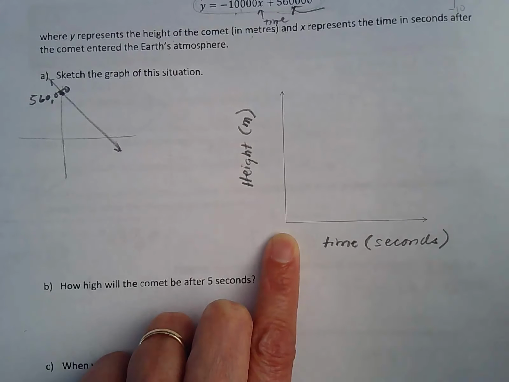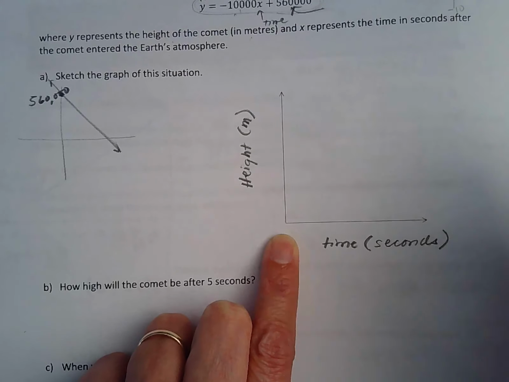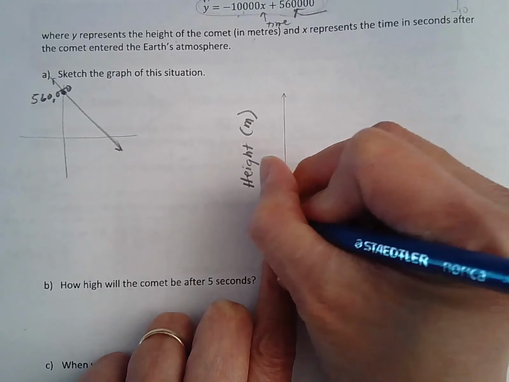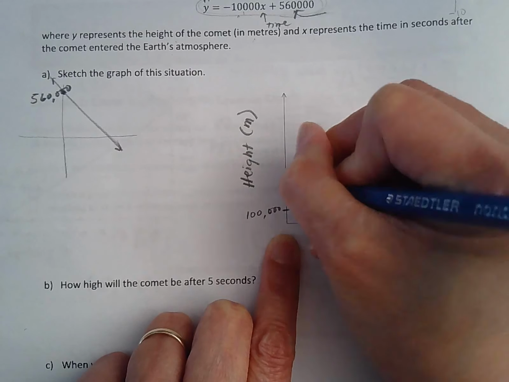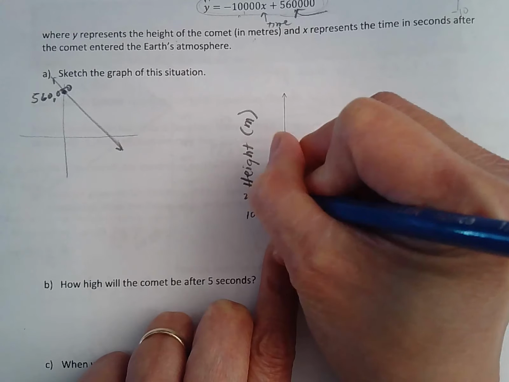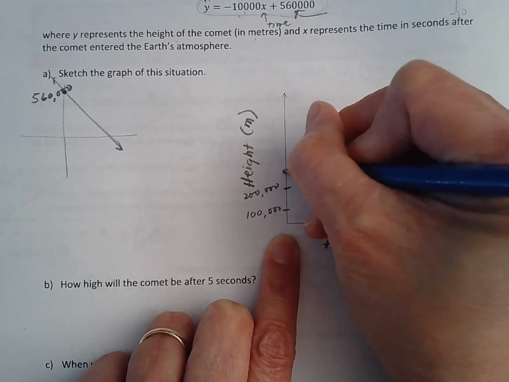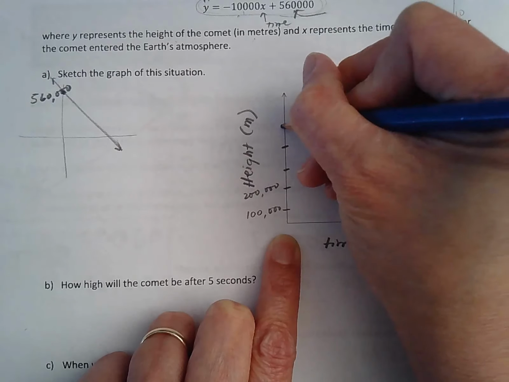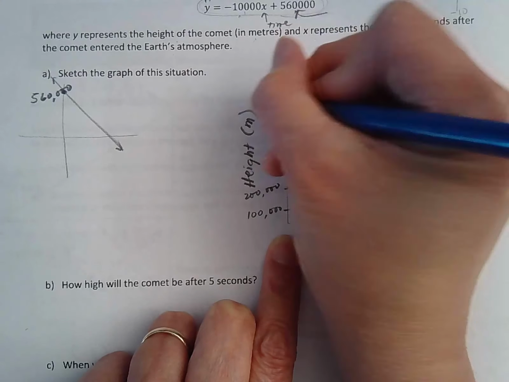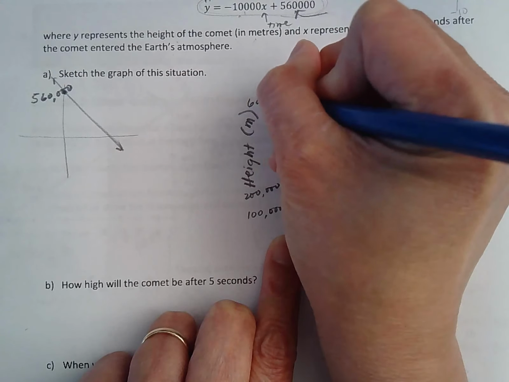Counting by 100,000 is probably better. So it's 100,000, right? 100,000, 200,000, 300, 400, 500, 600. So 600,000.